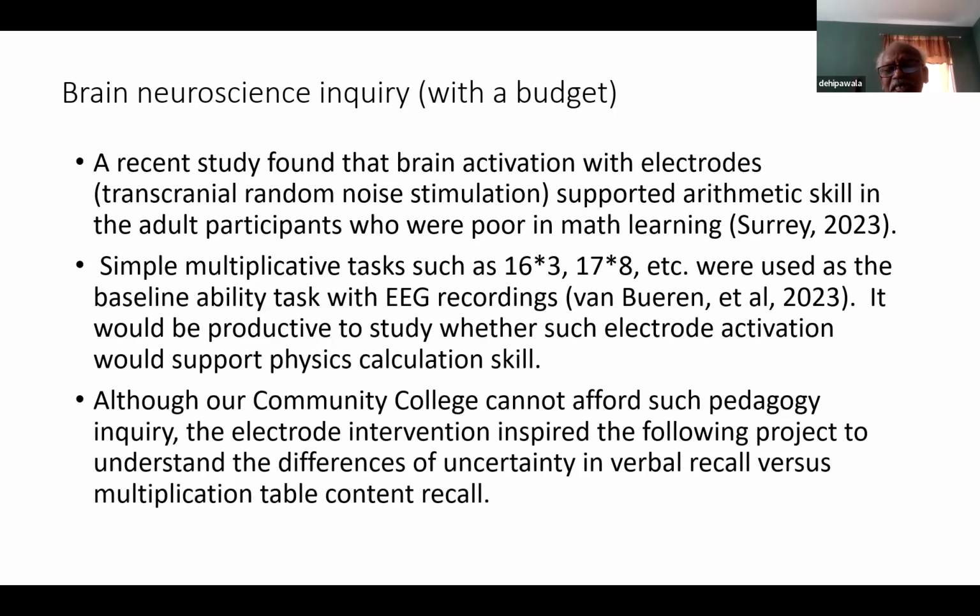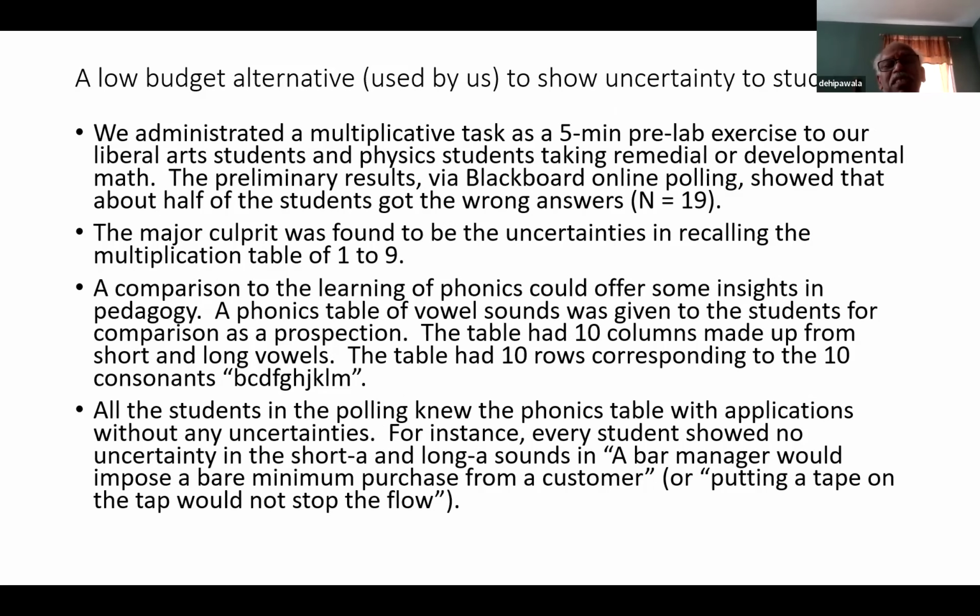Although our community college cannot afford that testing because it is expensive, we can do the uncertainty part. We administered a multiplicative task, a 5-minute pre-lab exercise, to about 19 students. The major culprit was found to be uncertainty in recalling the multiplication table from 1 to 9.